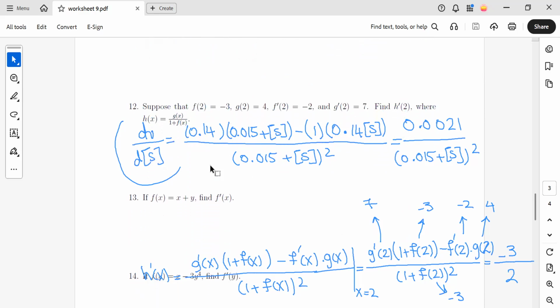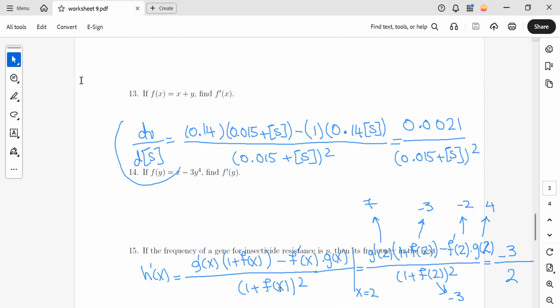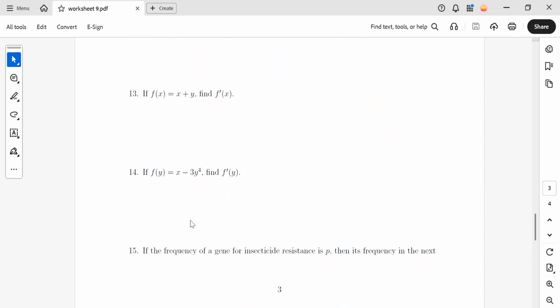Next one, number 13. If f of x is x plus y, find f prime of x. It means that x is the variable and any letter other than x is not a variable.